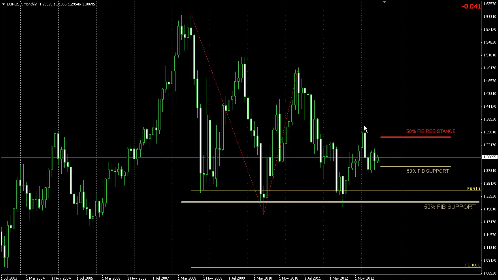The market started another down move, another retracement, and this retracement was also stopped by the 50% fib support of this up move.